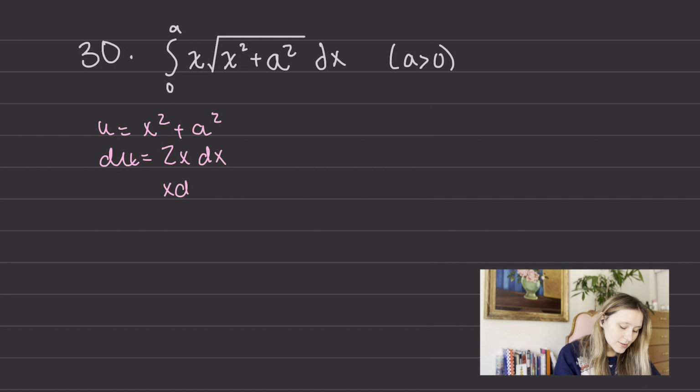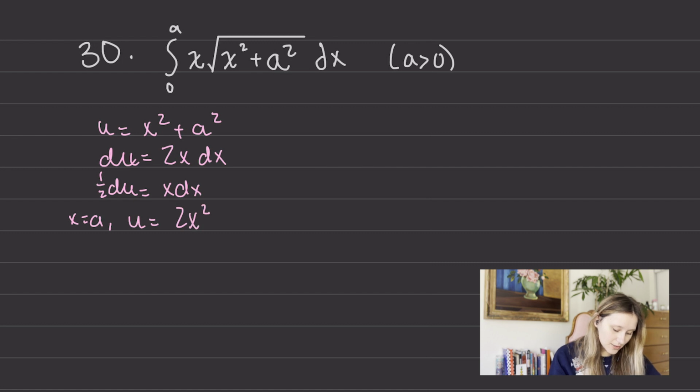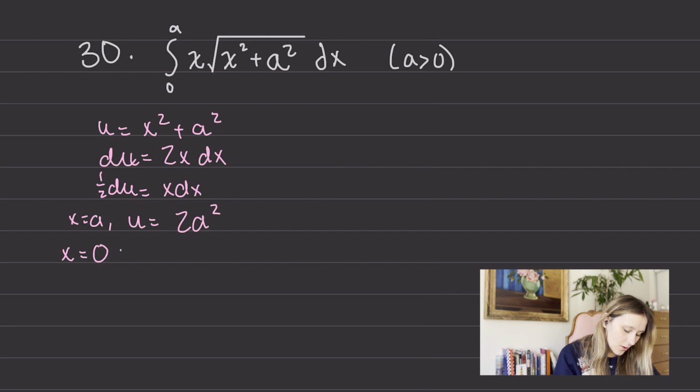X dx is going to be 1/2 du. When x is equal to a, u is going to be x squared plus a squared, so we get 2a squared. When x is equal to 0, we get a squared.